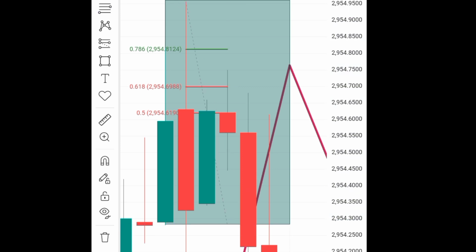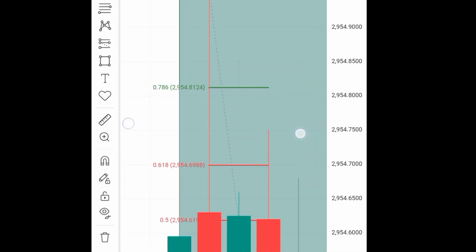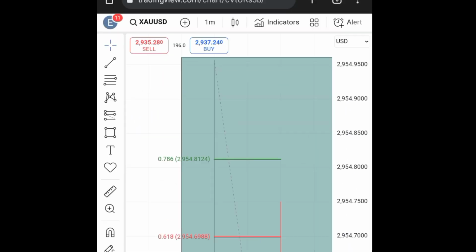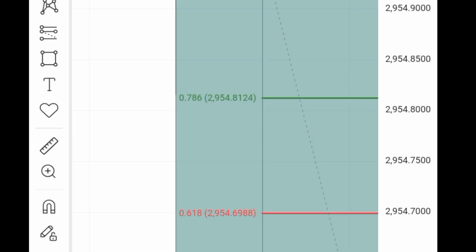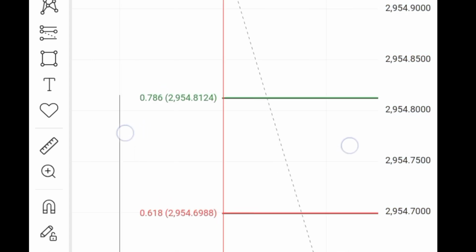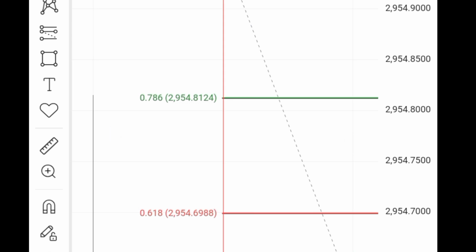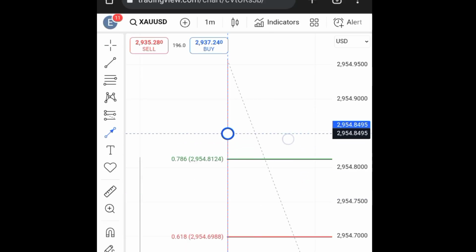So once you do that, pay attention. You focus on the 0.786 fib retracement level. Here will be your focus.